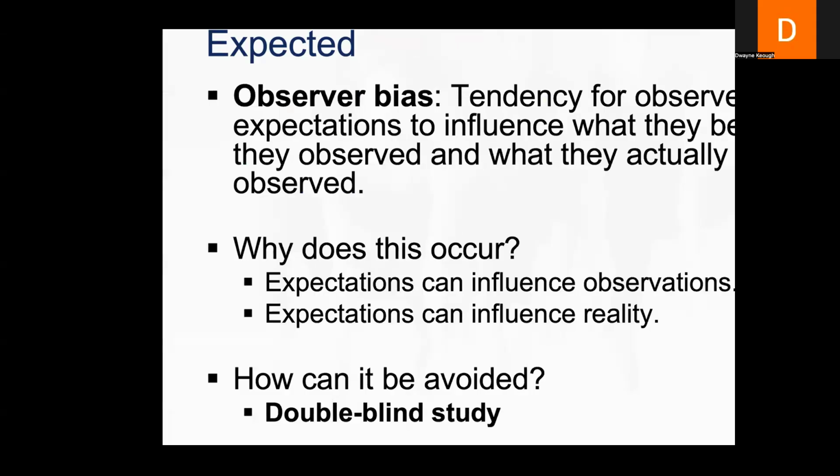When we observe the world, especially as a scientist, we have an idea of what we think is happening. Because I have that expectation of what I should see, it can create some kind of observer bias where I'm going to look at something that's going to have some kind of expectation built into the behavior I'm watching, which might influence what's actually happening.